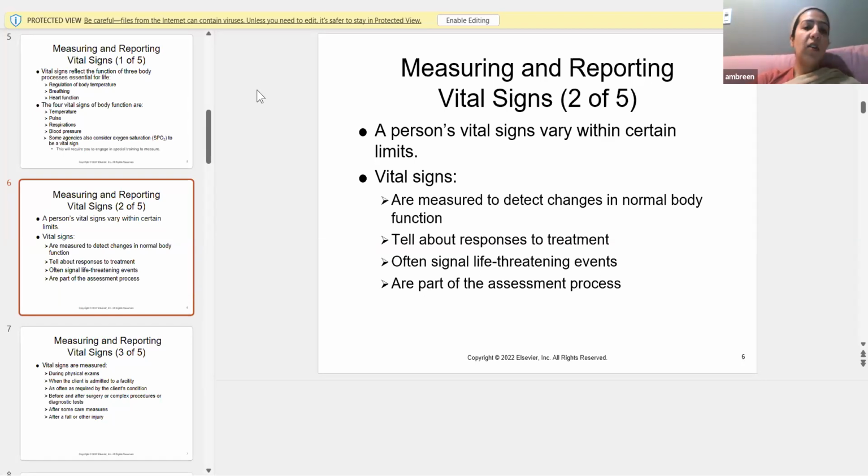When we say that these vital signs detect changes, if your client is having a heart attack or has AFib, which is one of the diseases of the heart, what happens is the pulse does not stay the same. It either goes fast or goes slow.